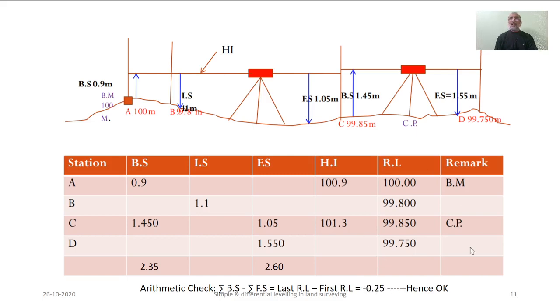Hence, all the calculations that we have performed are correct. Please note one thing. These arithmetical checks are meant for checking all the calculations that we do. They have nothing to do with the degree of accuracy or kind of field work involved in leveling operations.